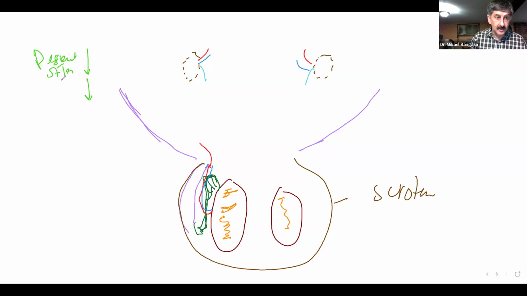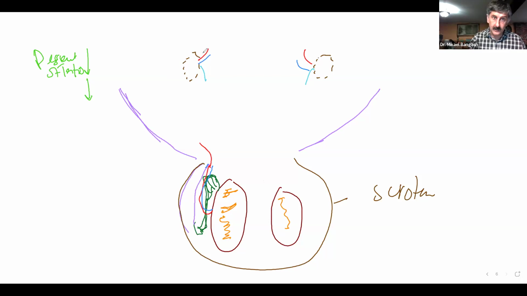That's what I started talking about before starting to talk about the structure of the testes and so on. Developmentally, they develop in the lower abdomen, but mainly descend down into the scrotum. And as they descend, what do they do?